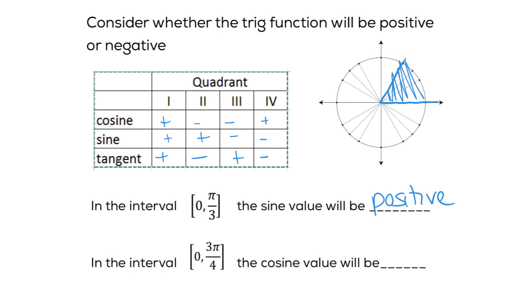Okay, so let's get rid of that. Okay, so in the interval from 0 to 3 pi over 4. So I'm going from here to here.